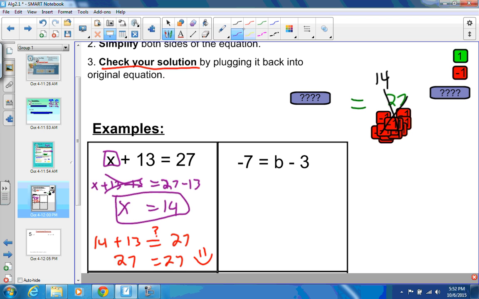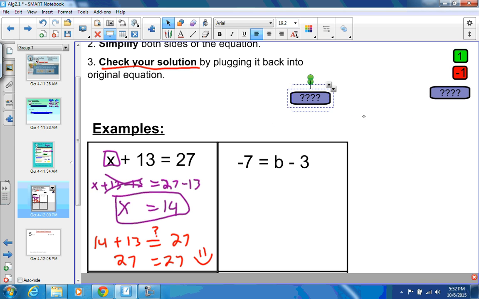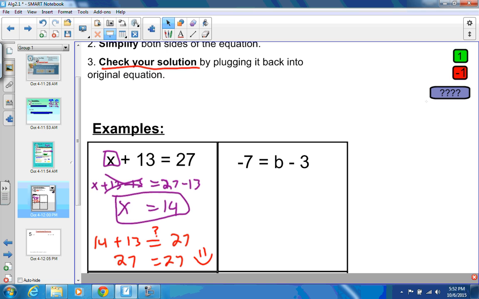So this example right here, we have negative 7 plus b equals b minus 3. So what I'm going to do right here is I'm going to get rid of all this stuff. I'm actually going to get rid of this too because I don't like that one. So I have negative 7 on my one side. Negative 1, negative 2, negative 3, negative 4, negative 5, negative 6, negative 7.